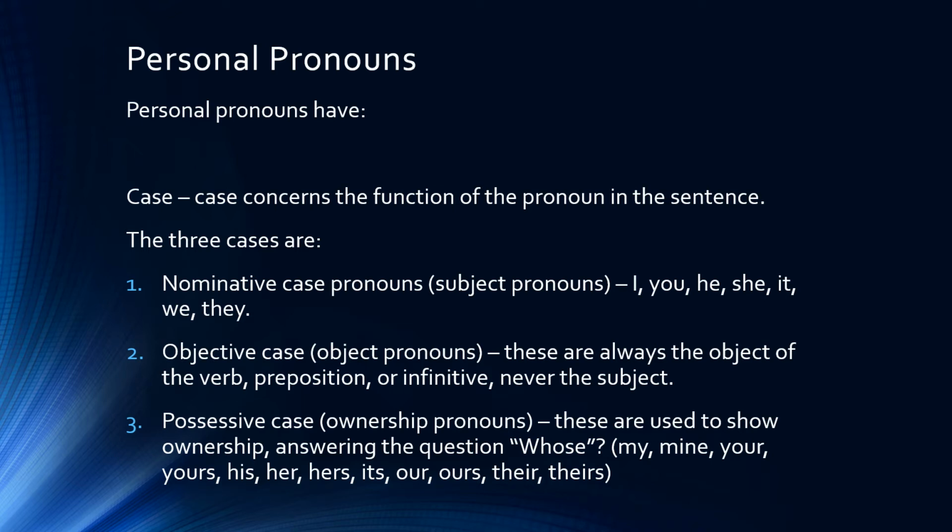These are used to show ownership, answering the question, whose? My, mine, your, yours, his, her, hers, its, our, ours, their, and theirs. So, personal pronouns have person, first person, second person, third person. Personal pronouns have case, nominative case, objective case, and possessive case.